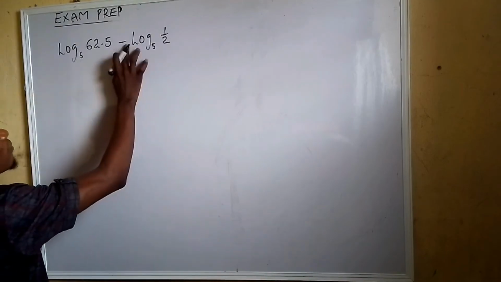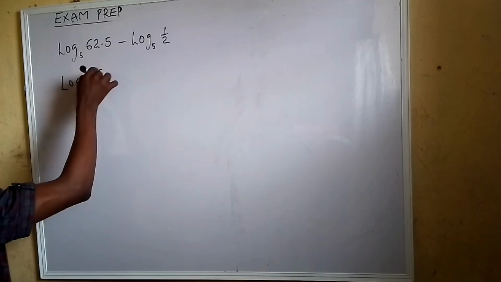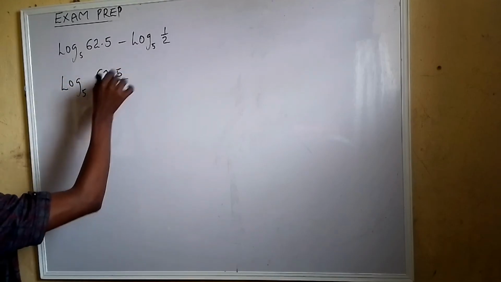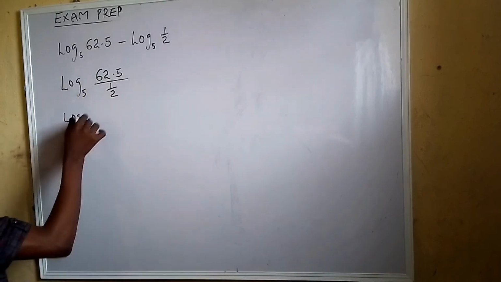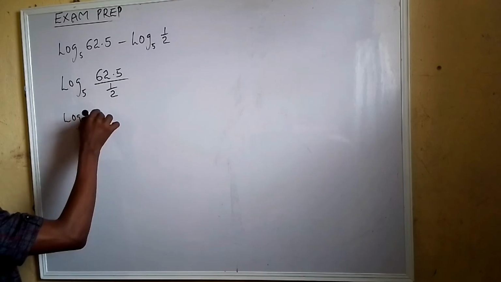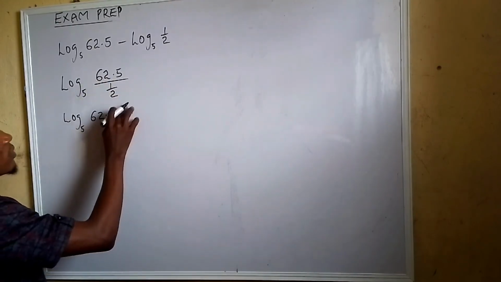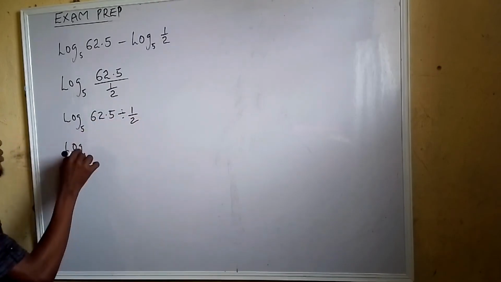And this same base, we have minus. We pick a base and a log, and once you change the minus to division, that's log base 5 of 62.5 divided by 1 over 2. We're just breaking this down.